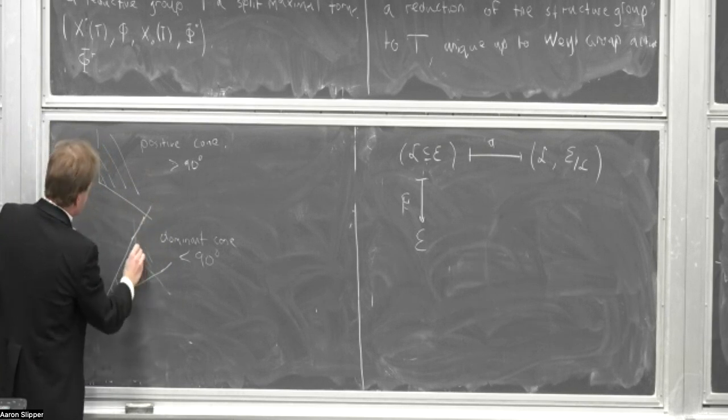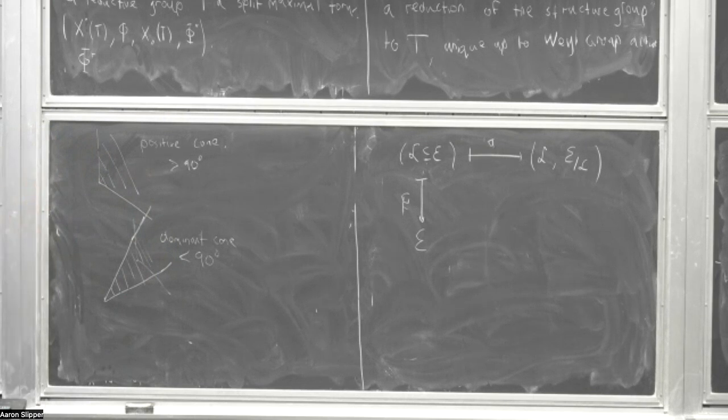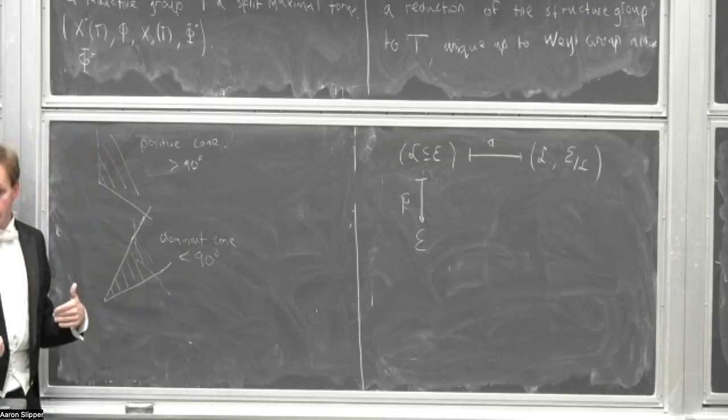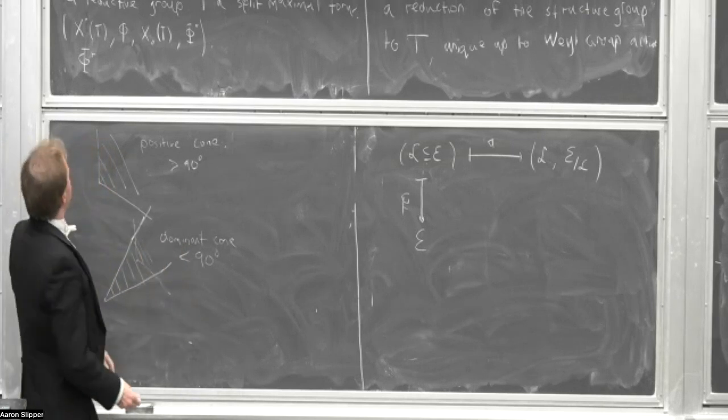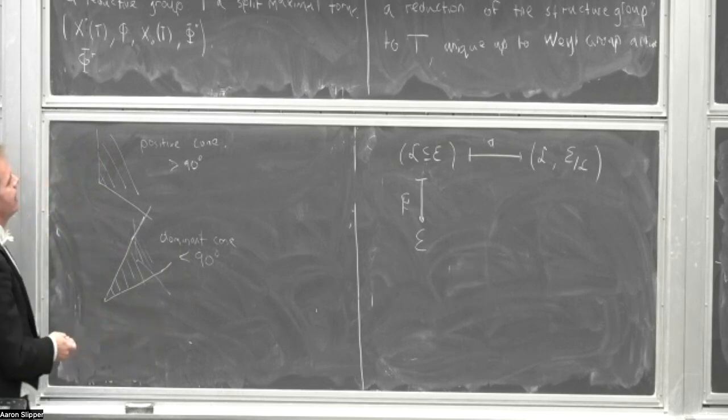This is the important point regarding order of roots and co-roots. There are these two cones, the positive and the dominant. The data are going to be classified by the dominant, but the dominant are ordered by whether their difference lies in the positive. I think drawing the picture probably does better than belaboring the point.